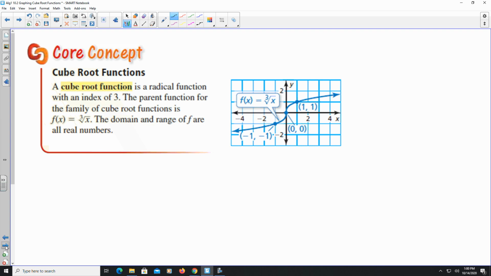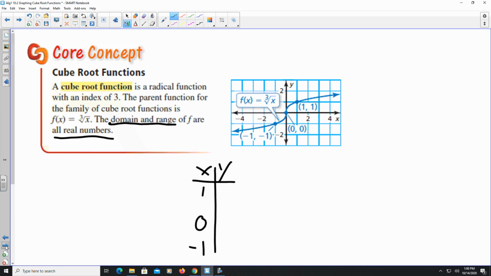That is why, if you look here in the core concepts, our domain and range is going to be all real numbers for this function. So if I were to make a table, and if x was 1, 0, or -1, I would be able to get a solution for each one of these values.